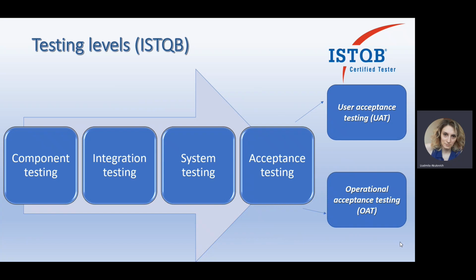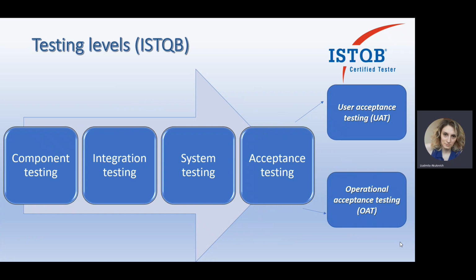It should produce information to check that the system is completely ready for deployment and use by our customers, our end users. And according to ISTQB, there are some forms of acceptance testing.